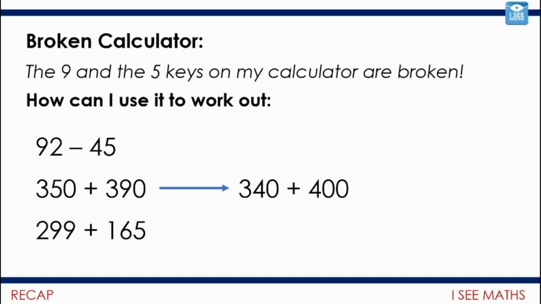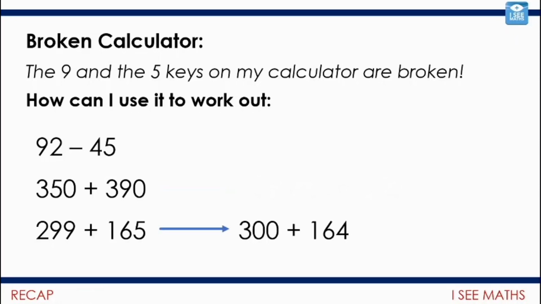For 350 plus 390, instead I did 340 plus 400, taking 10 from the 350, adding it to the 390. And 299 plus 100, it's 740 there. 299 plus 165, instead I did 300 plus 164, equals 464. I wonder how you did those calculations.